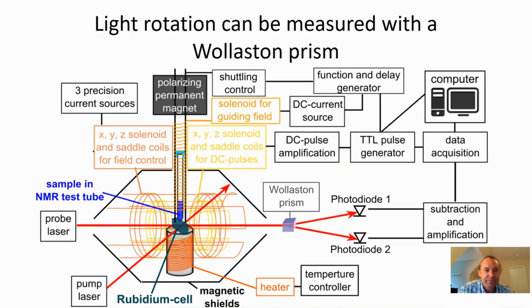Great. So the second question: do people use any other vapor cells, not rubidium vapor cells? Yes, another typical vapor cell is cesium that also works quite well. An advantage of cesium, I think, is that you can operate it at slightly lower temperatures. The disadvantage of rubidium is that we have to heat it.